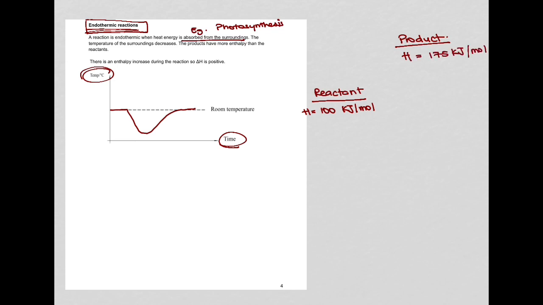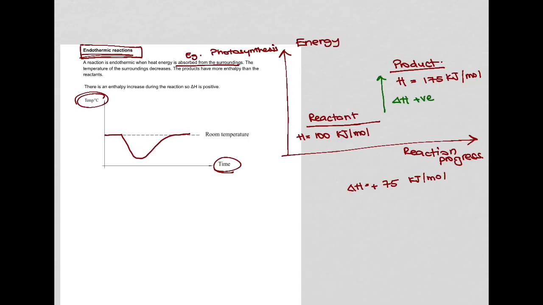You can see that delta H is positive. There's an increase by 75 kilojoules per mole. So this will be the delta H. If you draw the energy profile diagram, you can see the positive delta H for an endothermic reaction.